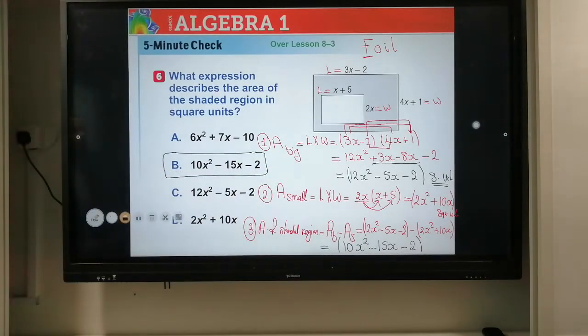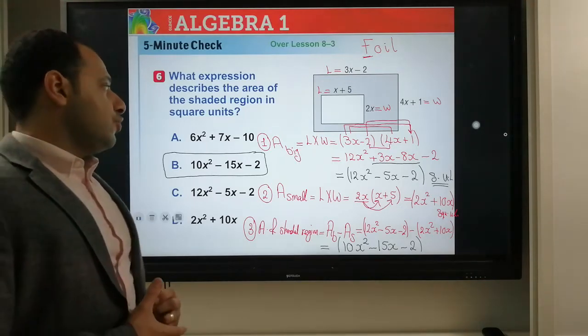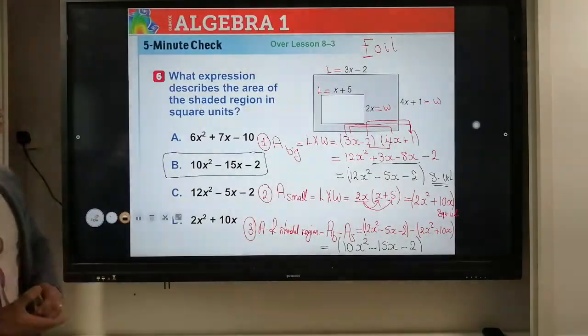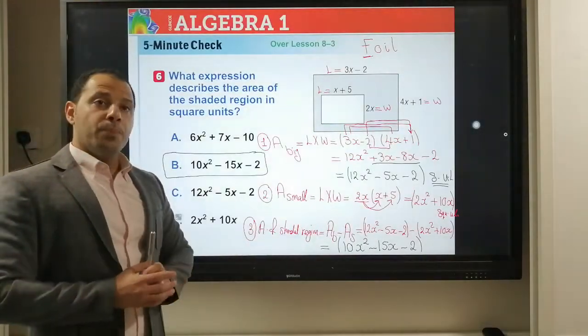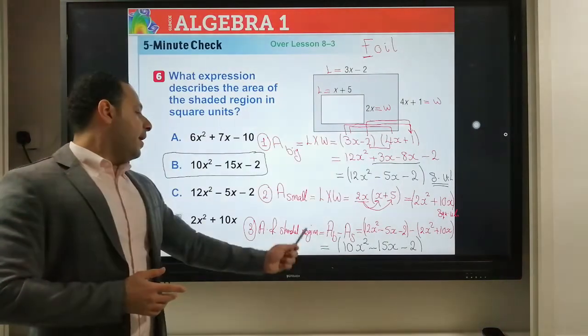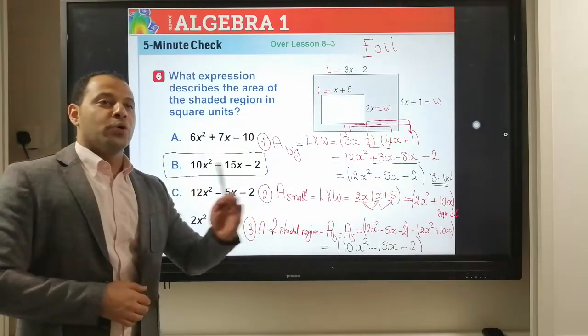So as you see, we get the area of the shaded region by using FOIL method and then distributive property and then subtracting polynomials.